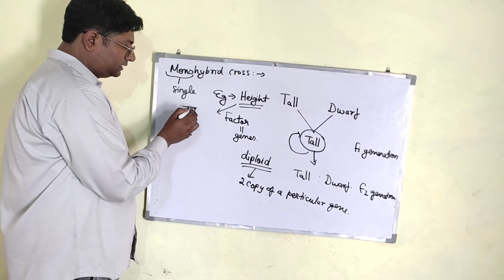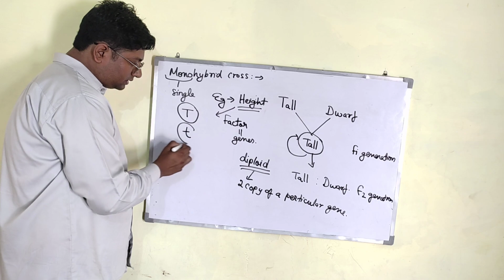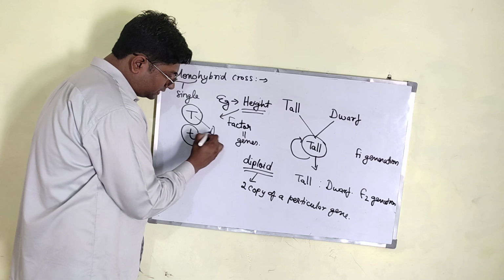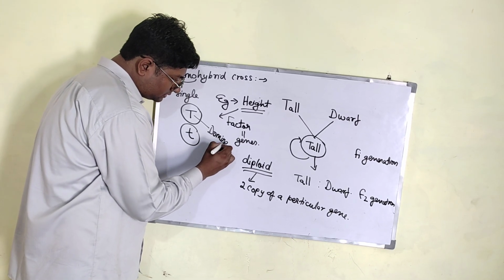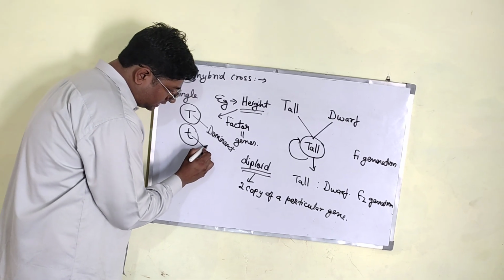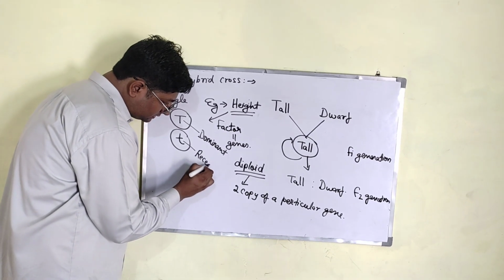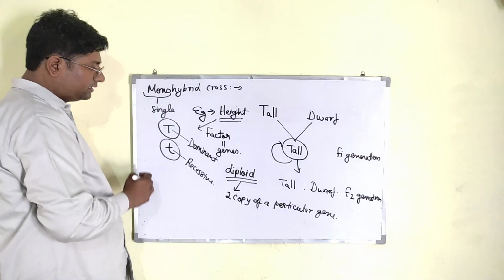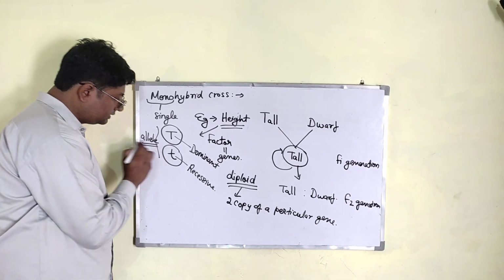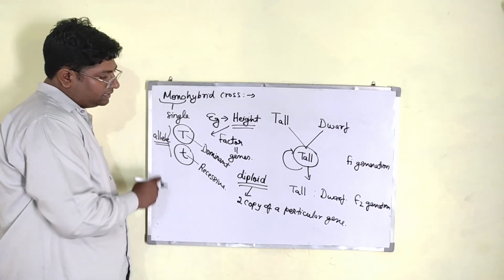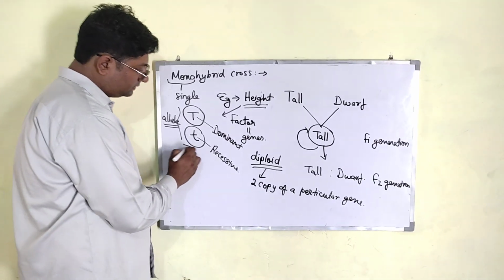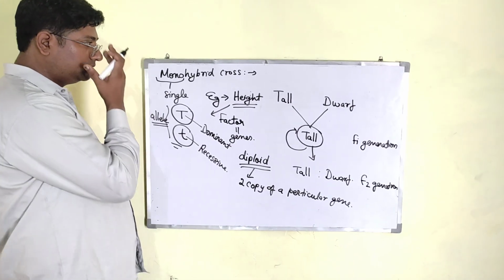For our convenience, the uppercase or capital letter represents the dominant allele and the lowercase or small letter represents the recessive allele. Here I am using the term allele. Allele means the different forms of a particular gene.